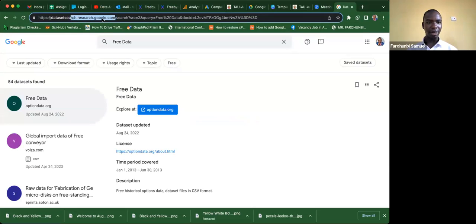So dataset search.research.google.com. I'm going to drop it here in the chat. Use this data set to harvest data from Nigeria and make a population graph showing the map, either a graph for election or for population, but you must show it so that it brings up Nigeria for us.